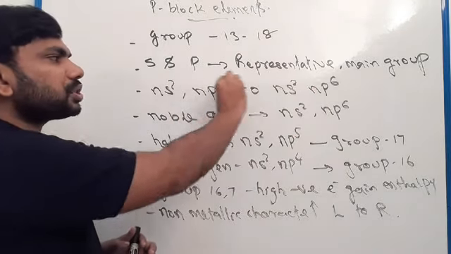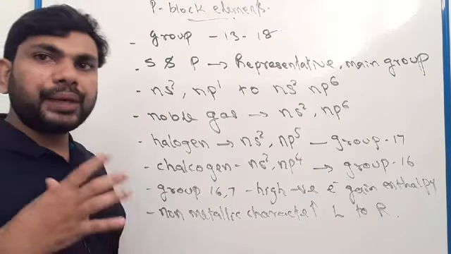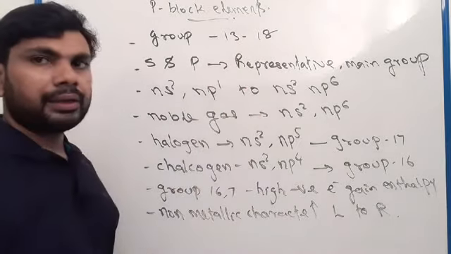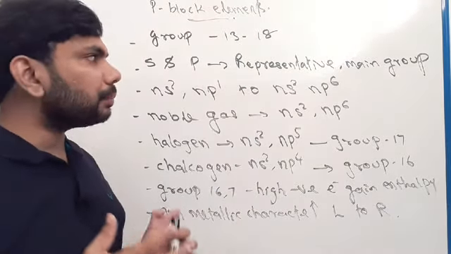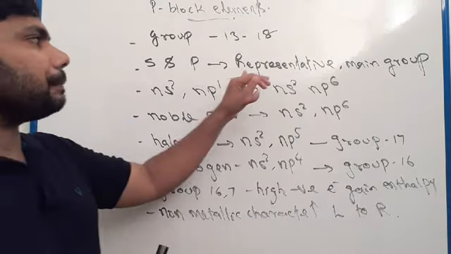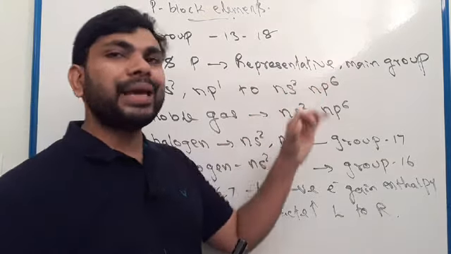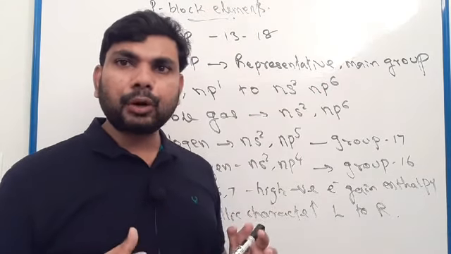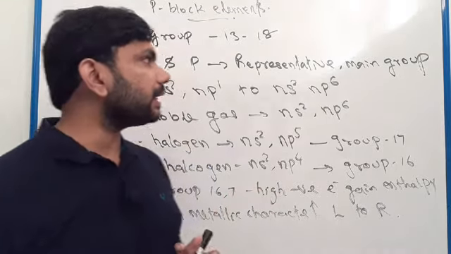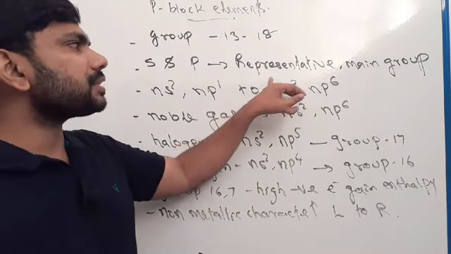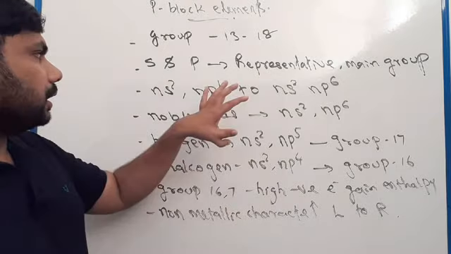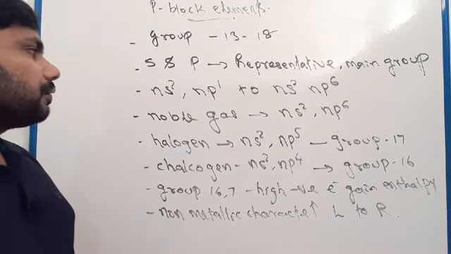S and P block elements together we call representative elements or main group elements. Clear? This is subshell electronic configuration.